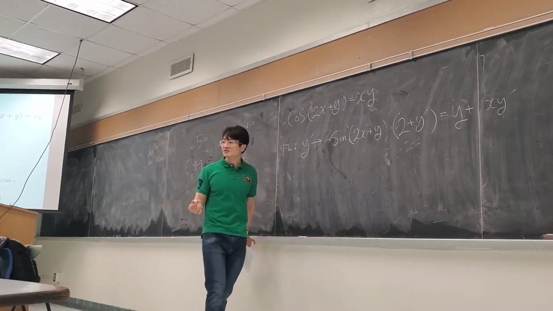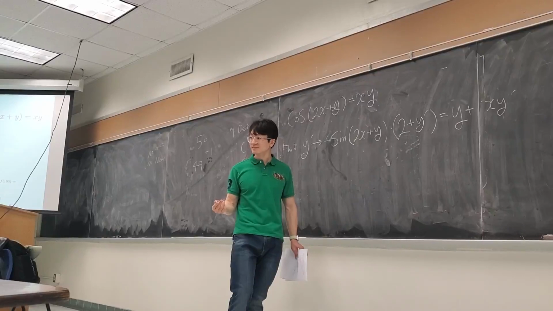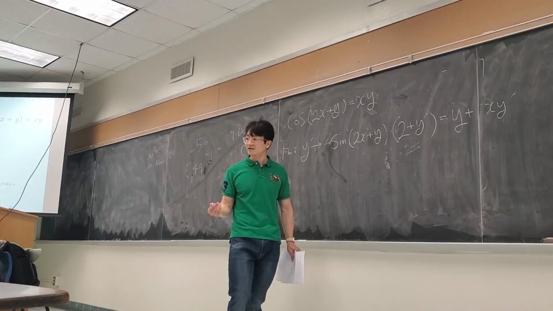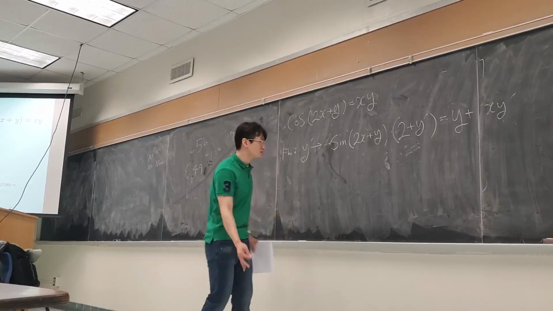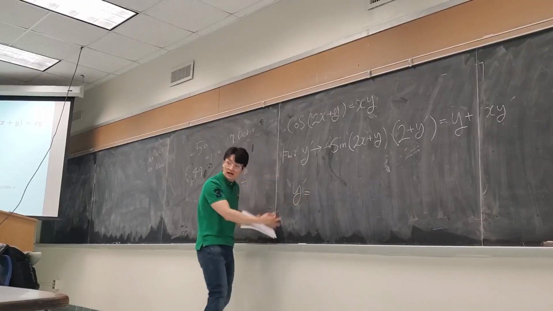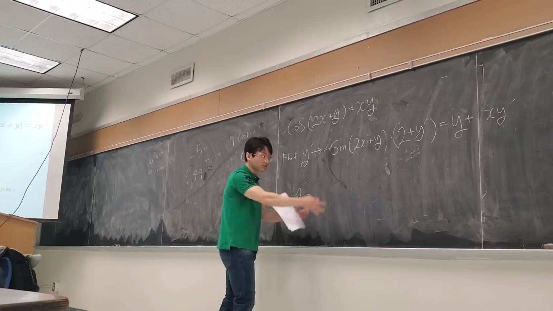Then what do we do, guys? You take all the dy over dx to one side, take everything else to the other, factor out the dy over dx, and divide. Great. So our goal is to isolate y prime on one side and put everything else on the other side.